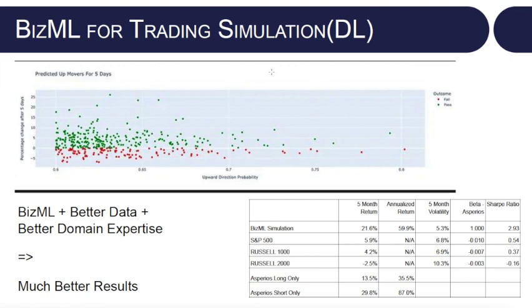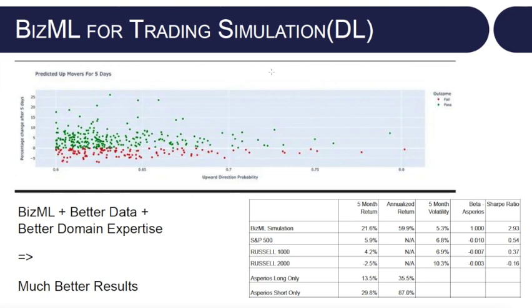So when we tried with classical machine learning, it didn't produce any good results. When we started using deep learning, the results got a little bit better, 52 to 53% accuracy, which was somewhat better, but not statistically significant. Then what we did was we tried playing around with feature engineering and feature selection.